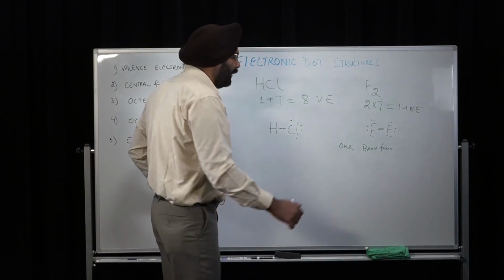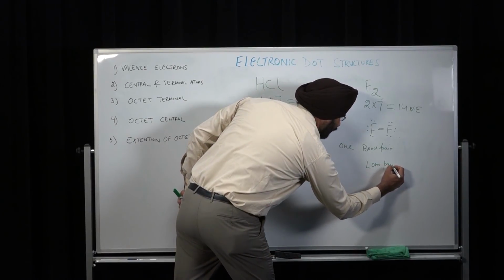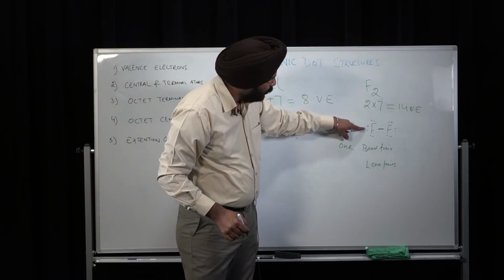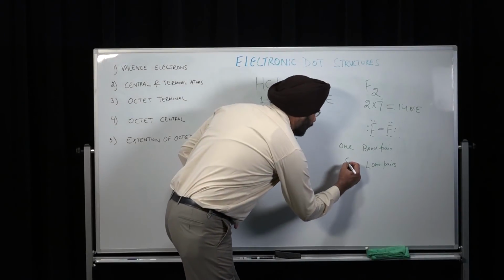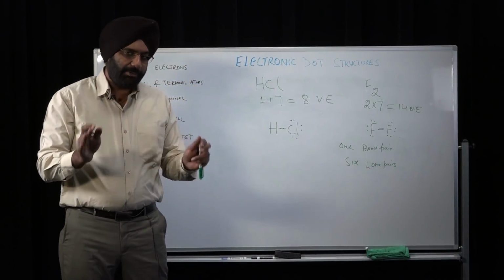And how many lone pairs of electrons are there? 1, 2, 3, 4, 5, 6. So there are 6 lone pairs of electrons in a fluorine molecule.